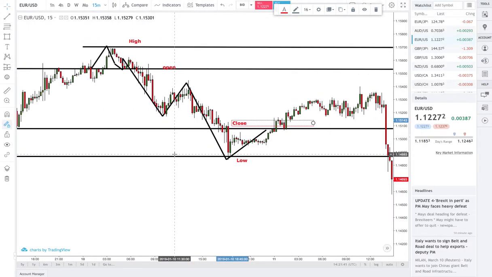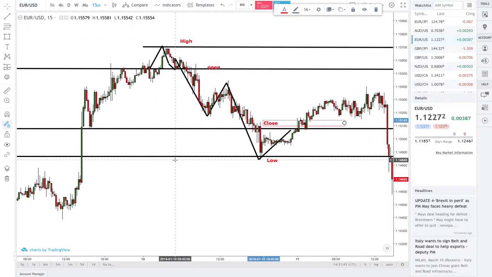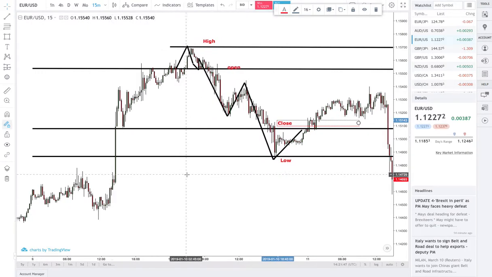So as you see how price moves from a higher time frame into a lower time frame.